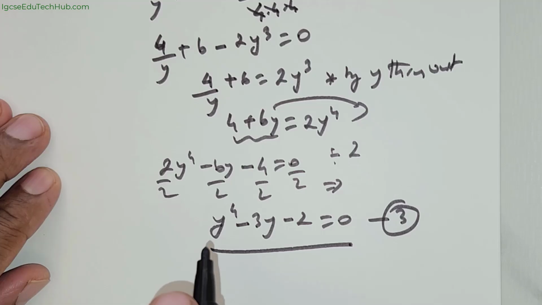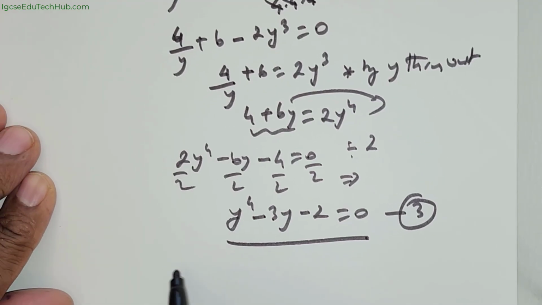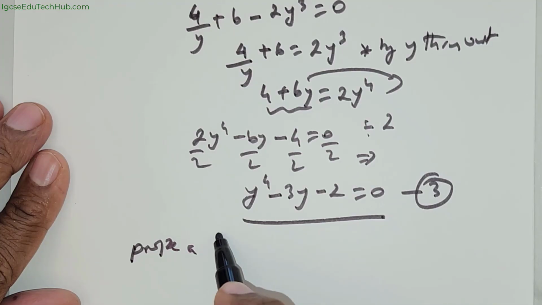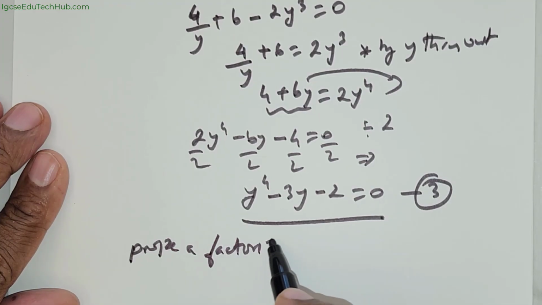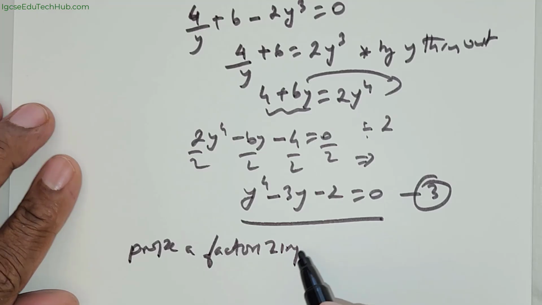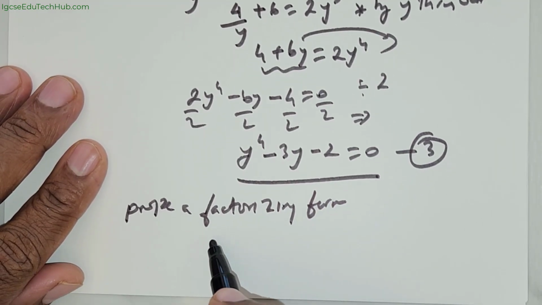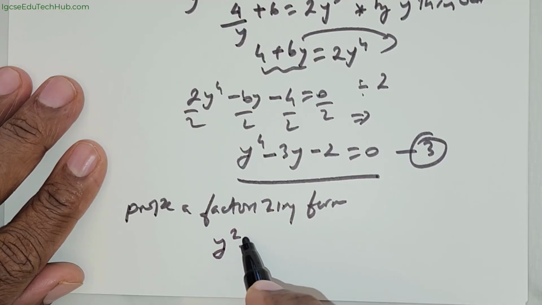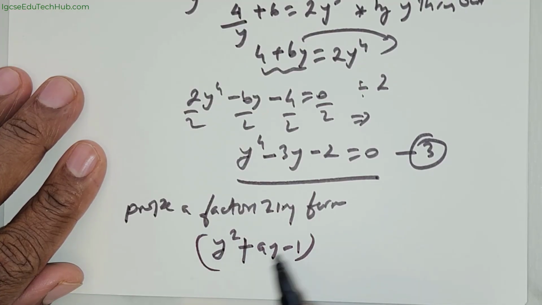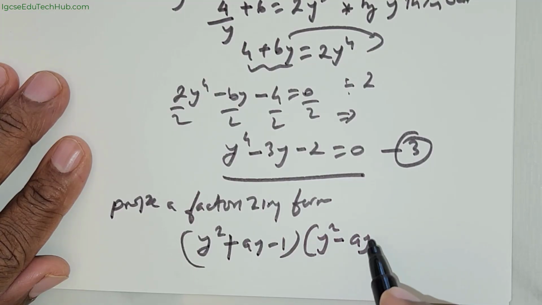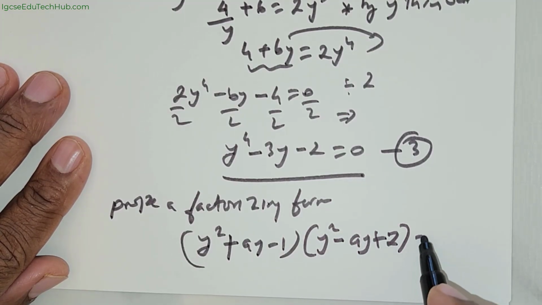What I'm going to do is let me propose a factorizing form. And let it be of this fashion: y squared plus ay minus 1 times y squared minus ay plus 2 is equal to 0.